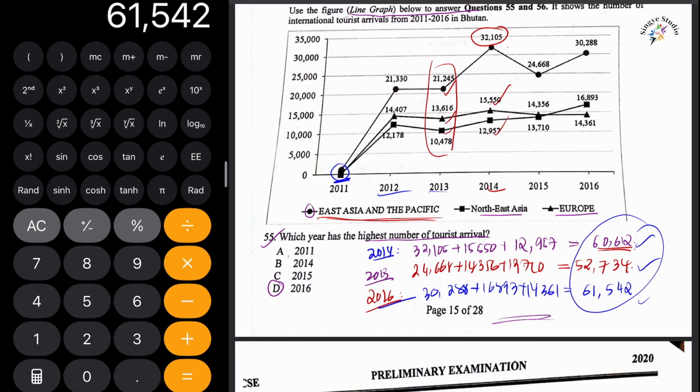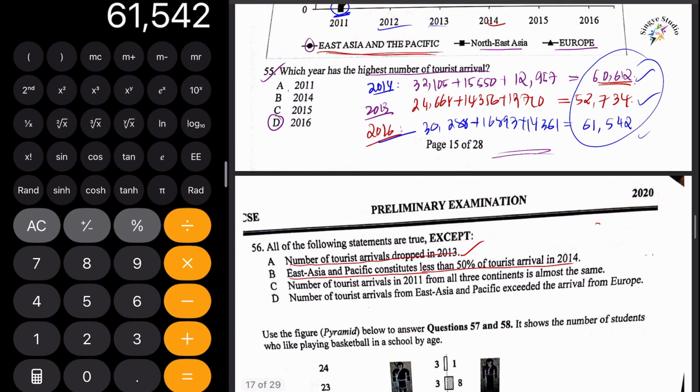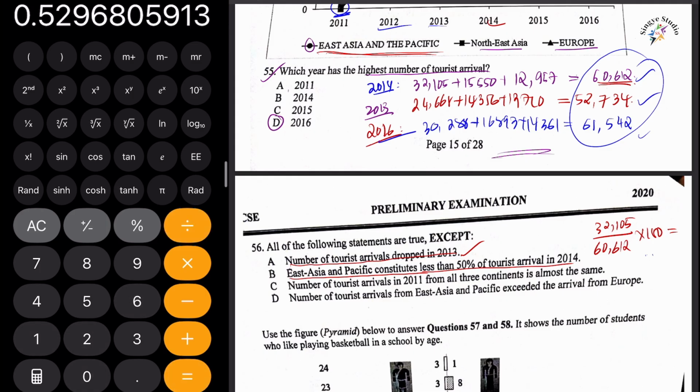So just do 32,105 divided by 60,612 times 100. Let me bring my calculator. Can you see?